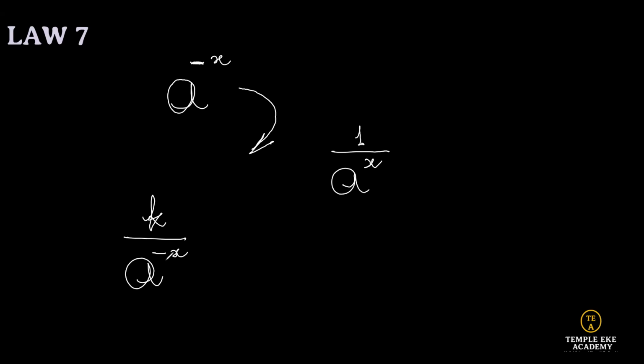But being in the denominator position, we return it to the numerator area, and that means we have k, our constant, is still there, and a to the power x, the minus sign has been employed in the movement. No minus anymore, we have ordinary x.